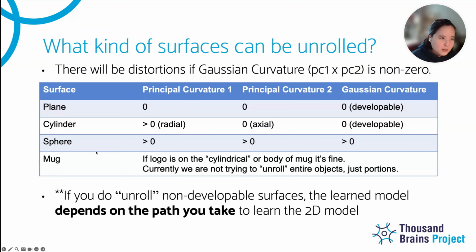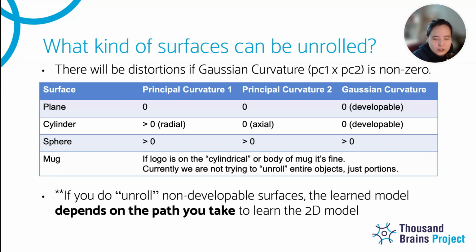And of course, most of the objects that we deal with in real life cannot be unrolled as a whole. The point that I want to make is that we're not trying to unroll the entire object. We're only unrolling parts of it.